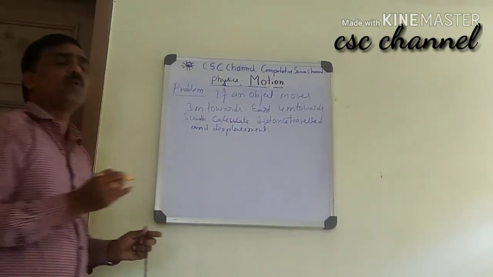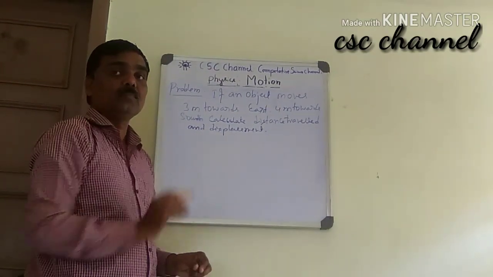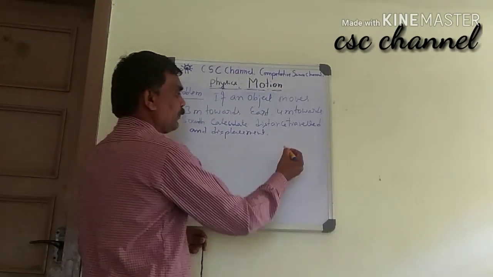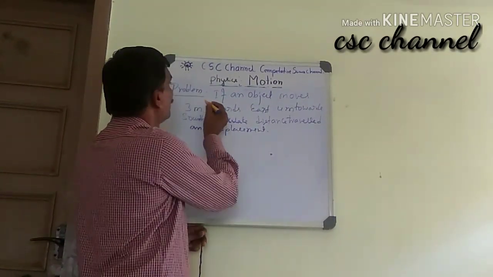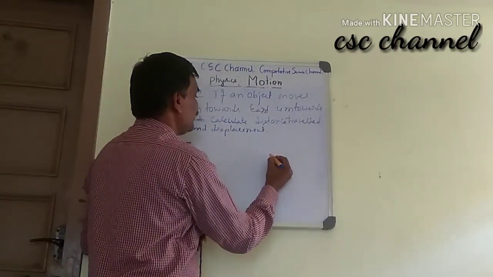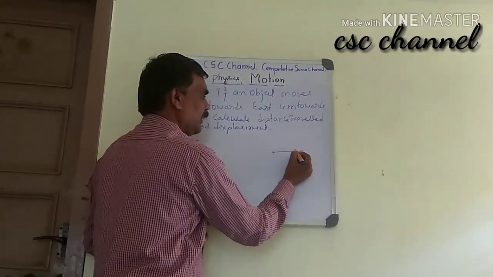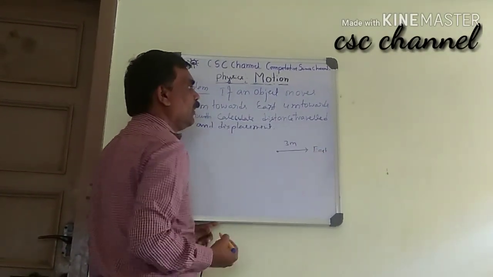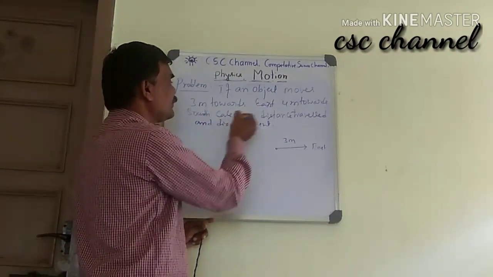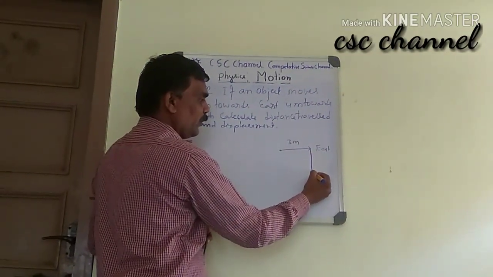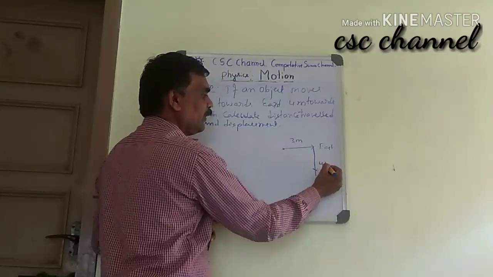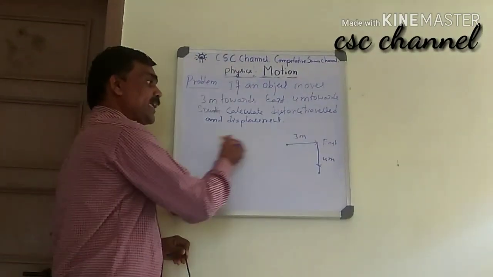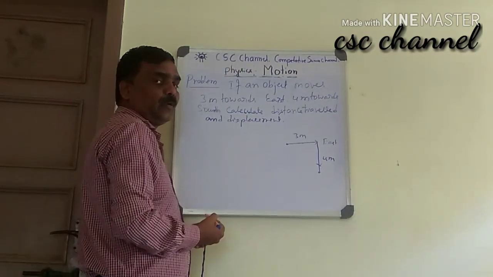This is the most important practical problem in all competitive examinations. How to solve this one? An object moves 3 meter towards east, and 4 meter towards south. Now, they are asking for the distance traveled and the displacement.